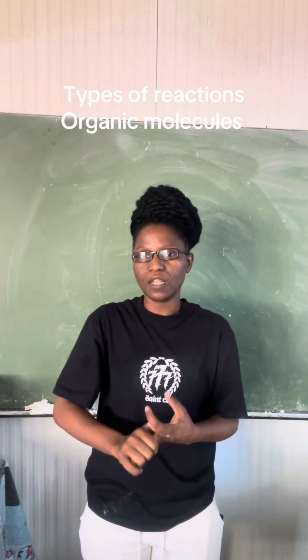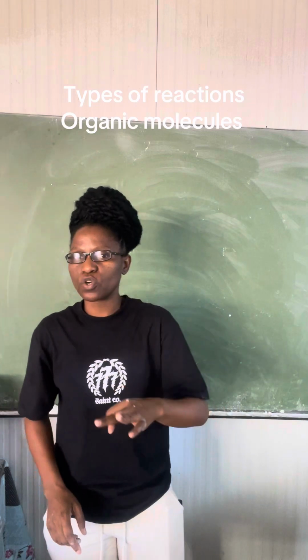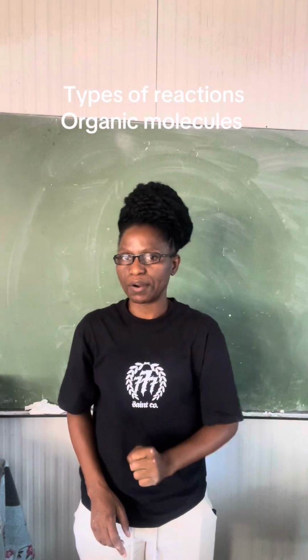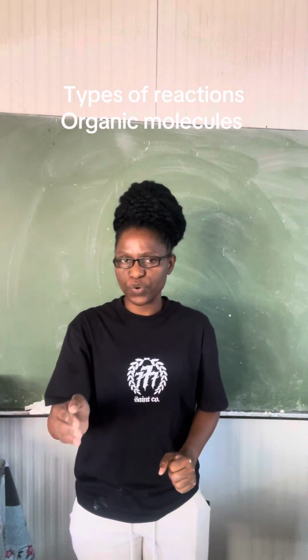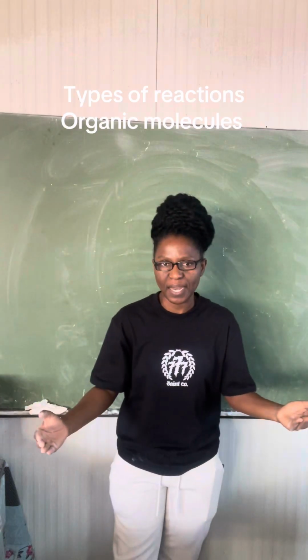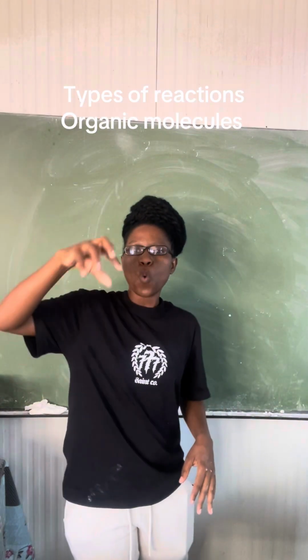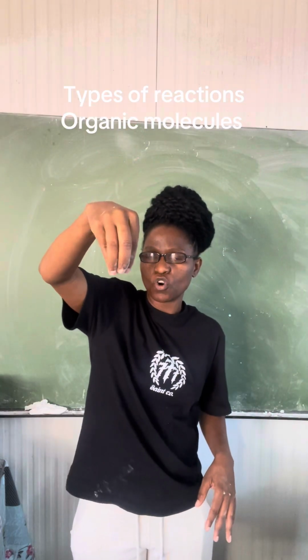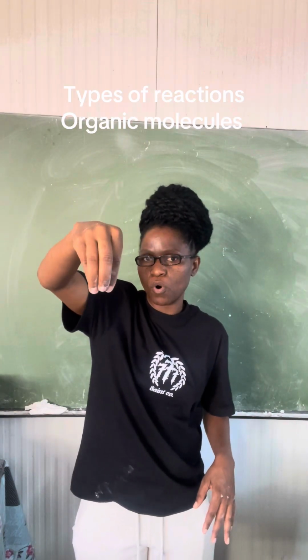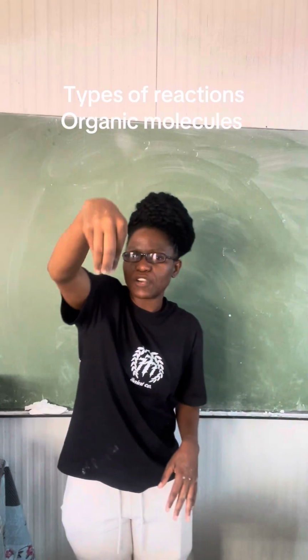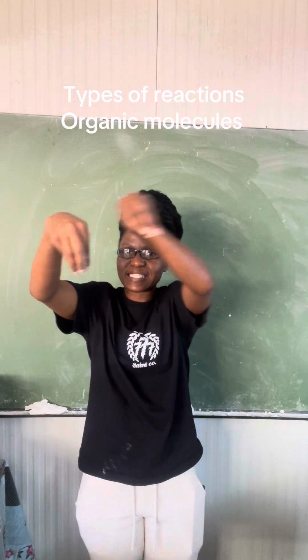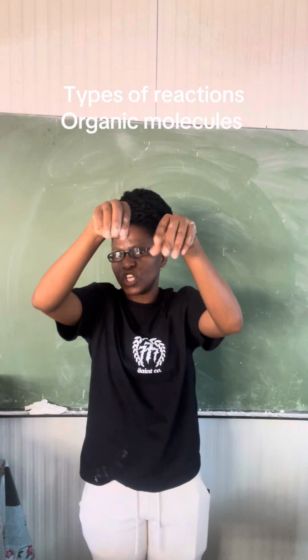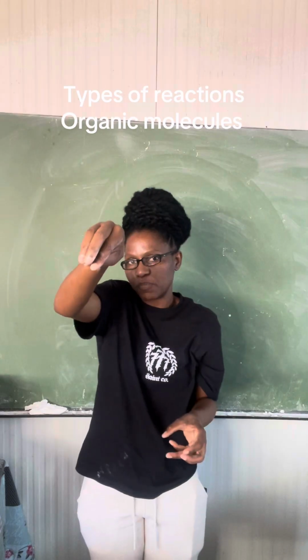Thirdly, we have what we call the addition reaction. On addition reaction, what is happening? We need to have an unsaturated compound or unsaturated hydrocarbon. On the unsaturated hydrocarbon, we need to add something so that we destroy the multiple bonds.